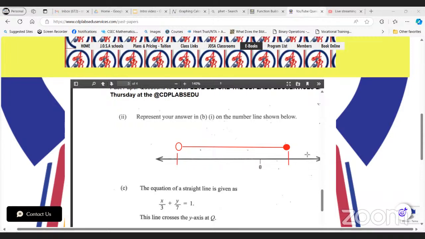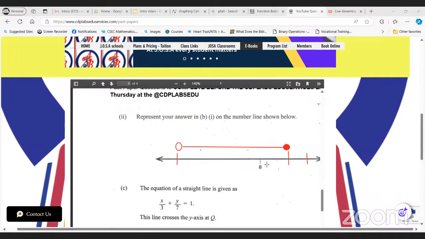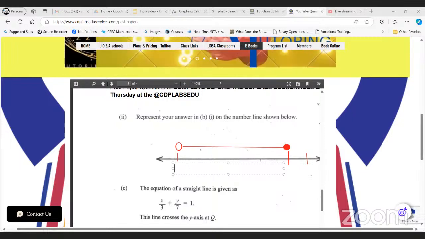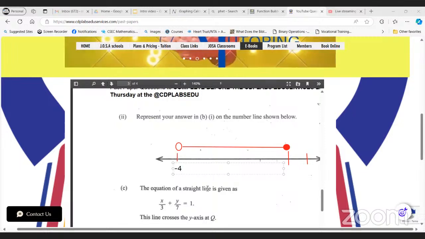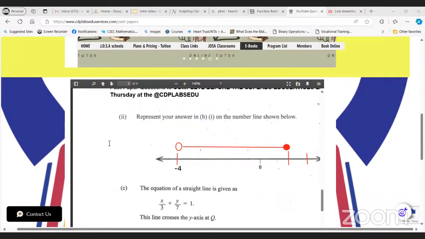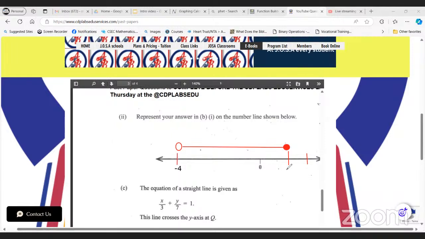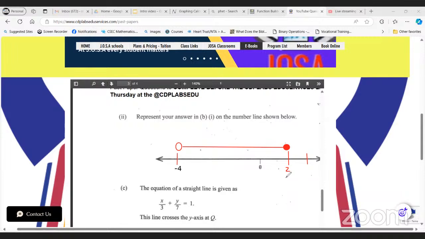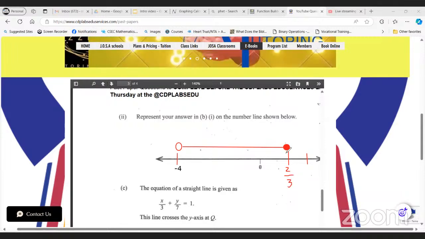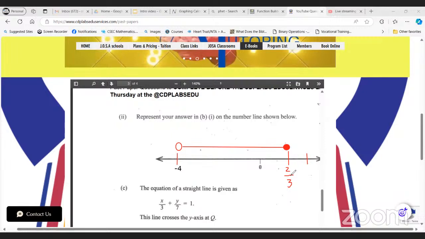And I'm going to put another number here, and I'm going to show you why. So this one would definitely be -4. And this one here would be 2/3, because x is equal to 2/3.